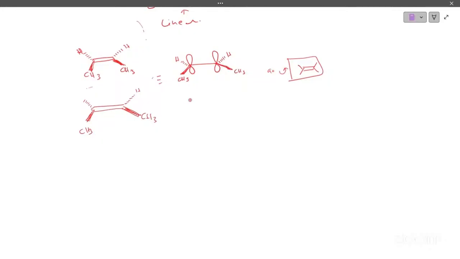Similarly, you can take the second molecule: CH3, hydrogen and CH3. You have taken two molecules.